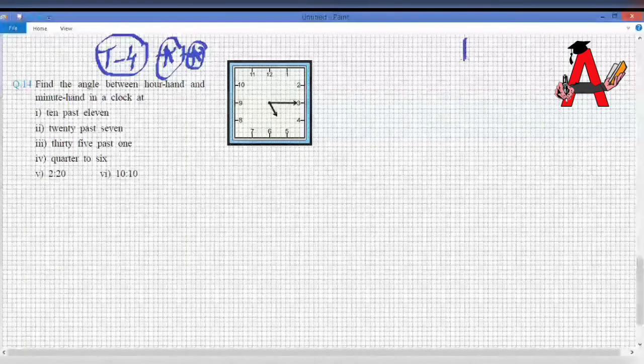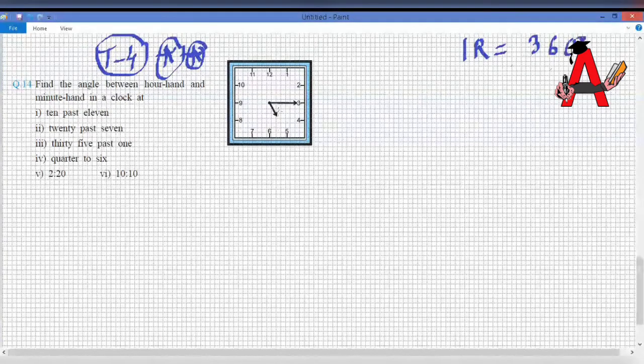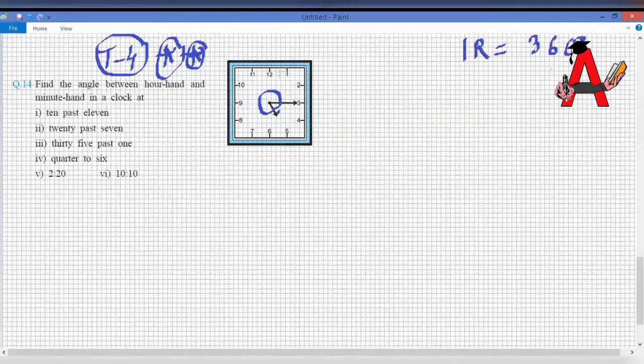Let's try and understand one round which the hour hand makes, that is 360 degrees. But in this 360 degrees, it covers 12 hours. 1, 2, 3, 4, 12 hours. So from an hour perspective, one round is equal to 12 hours.